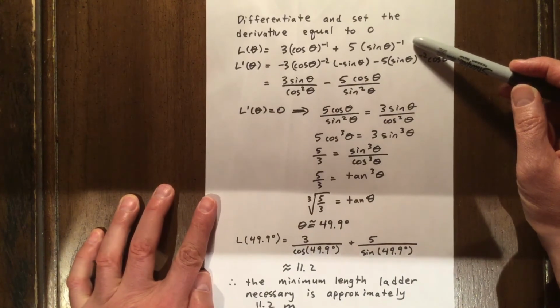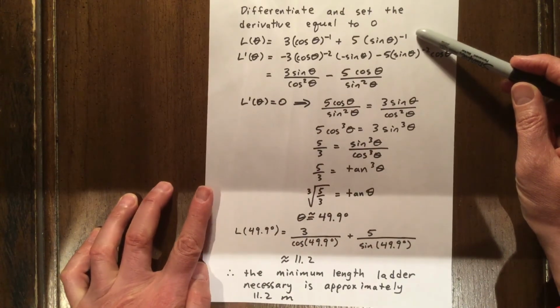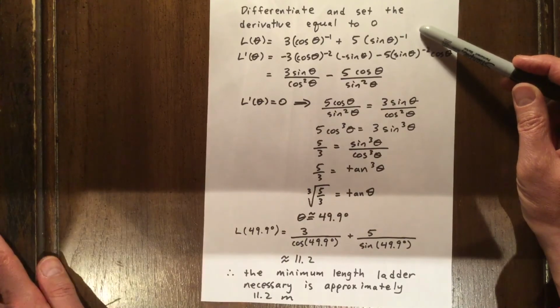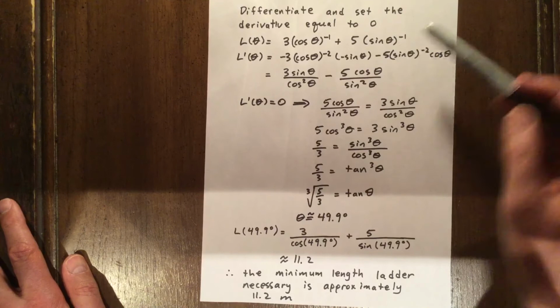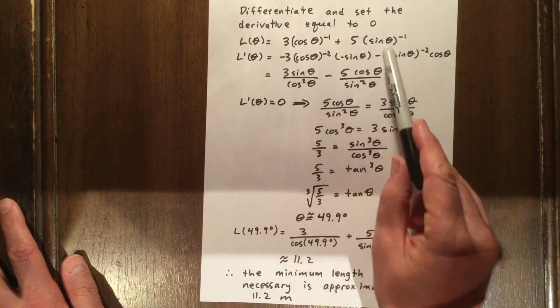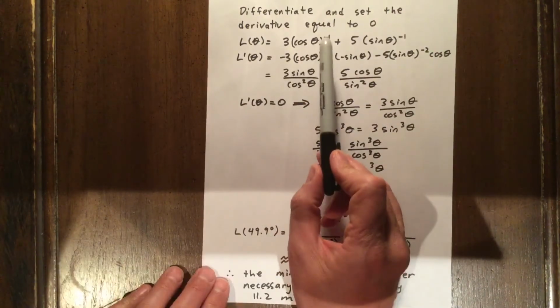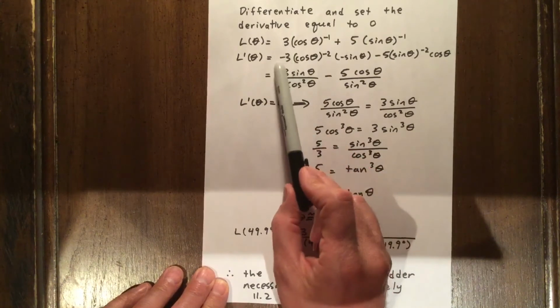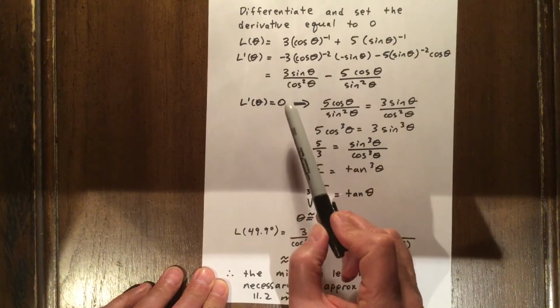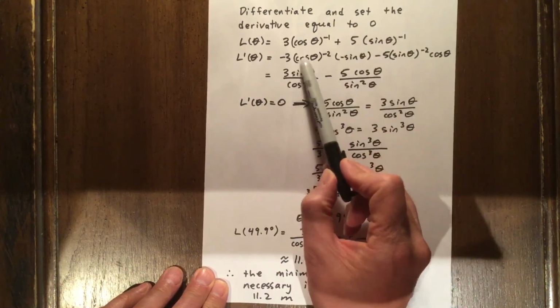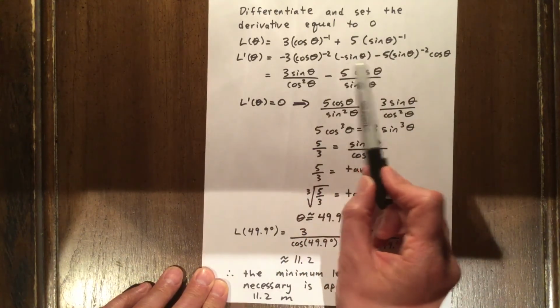this way. We can say L of theta is equal to 3 times cos theta quantity to the negative 1 plus 5 times sine theta quantity to the negative 1. We're going to take the derivative of this expression, and using the chain rule, we have negative 1 times 3 is negative 3 times cos theta quantity to the negative 2 times the derivative of that block, which is negative sine theta.